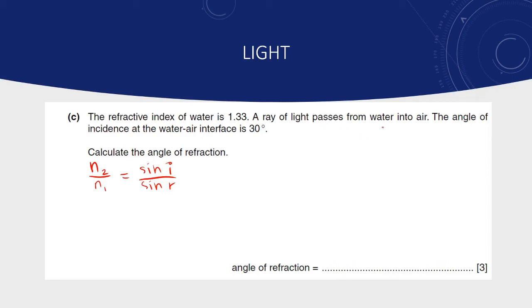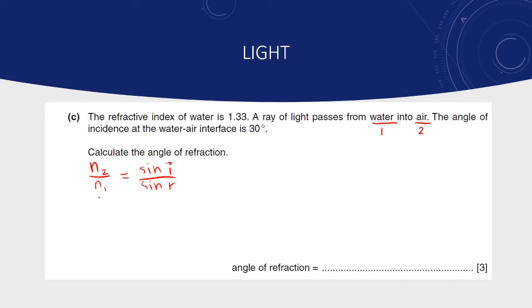The light passes from water into air. So air is the second medium and water is the first medium. Remember, the refractive index of air is 1.